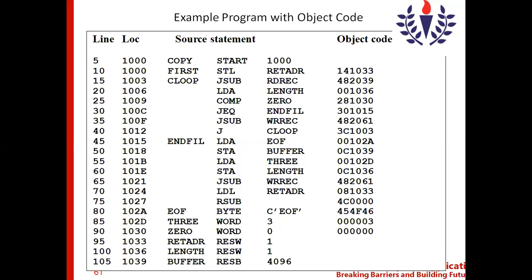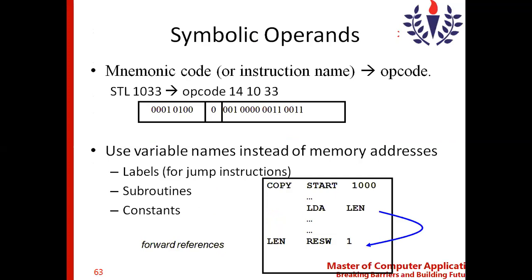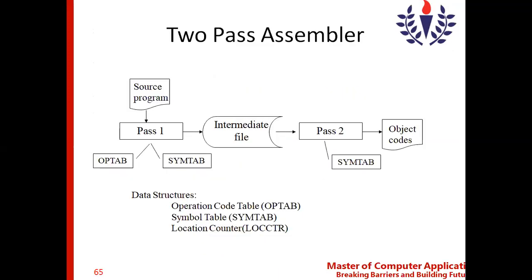So the assembler will add 3 bytes to the existing value in the location counter, that's 1000. When the assembler adds 3, it becomes 1003. So now the location counter value becomes 1003, which is assigned for the next instruction, that is line number 15. Hope this is understood.